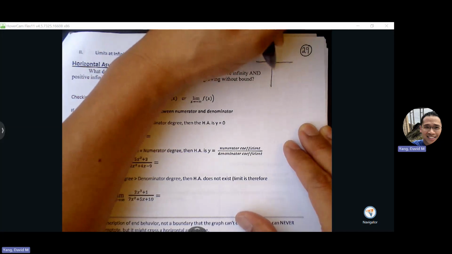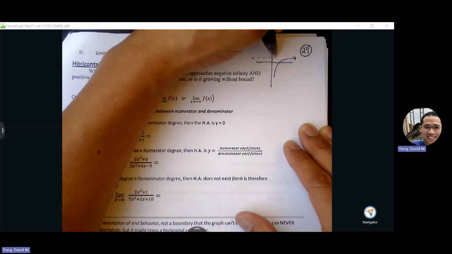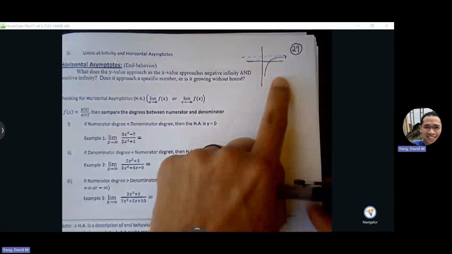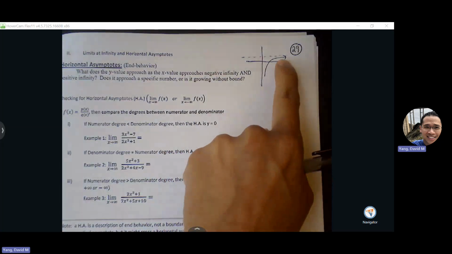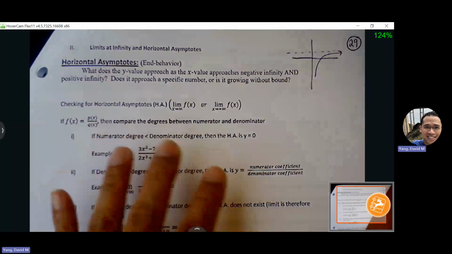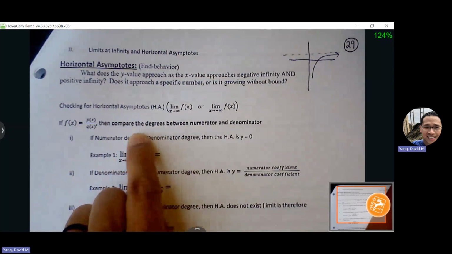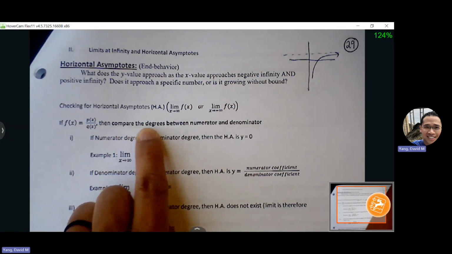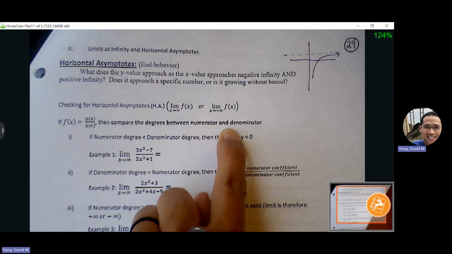Where it's asking what is the limit as x approaches infinity, we'll just ask where the graph is headed, as we follow that arrow, what is the y value getting closer towards? And we all know how to do this because we've seen it in terms of finding horizontal asymptotes. The strategy there is we compare degrees between numerator and denominator.